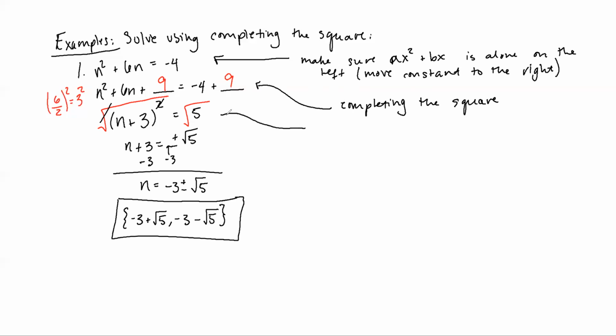This third step, going from the second step to the third step, we factored the perfect square trinomial.